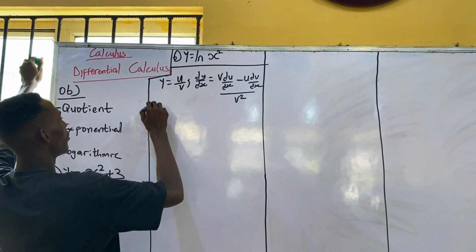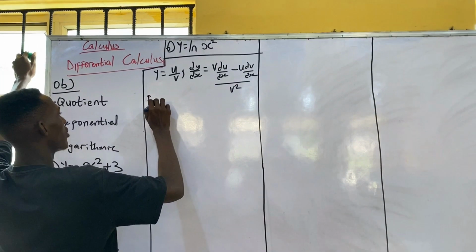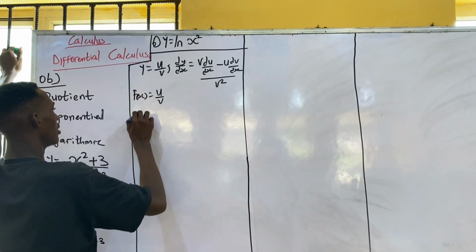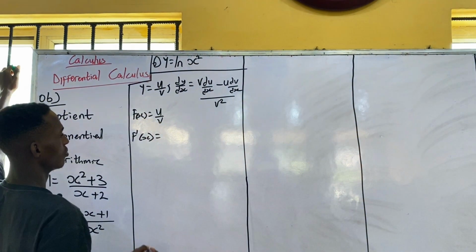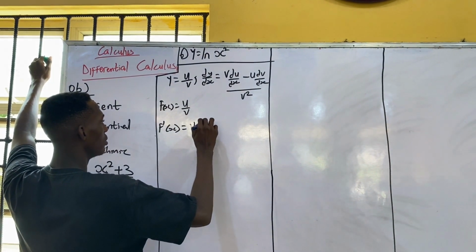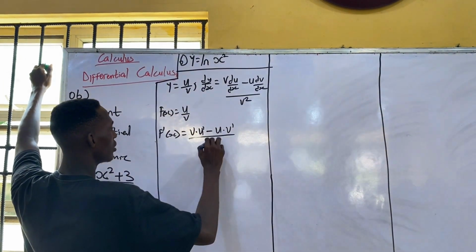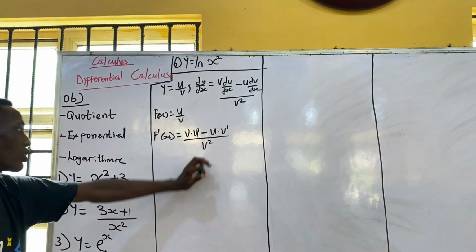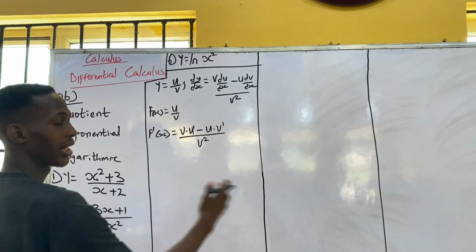Or, let's assume we are using function f of x. If f of x is equal to u over v, then f of x derivative is equal to v times derivative of u minus u times derivative of v over v squared. As you can see, this seems to consume less space.